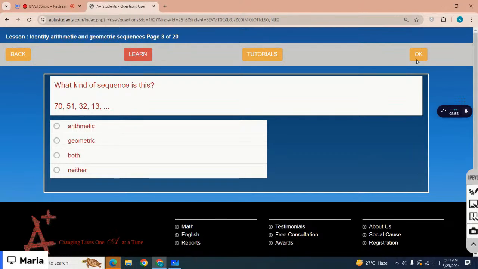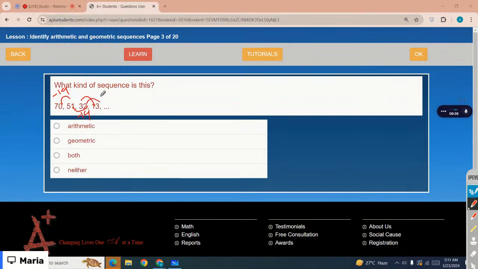What kind of sequence is this? 70, 51, 32, and 13. So 70 minus 19 is 51, 51 minus 19 is 32, and 32 minus 19 is 13.